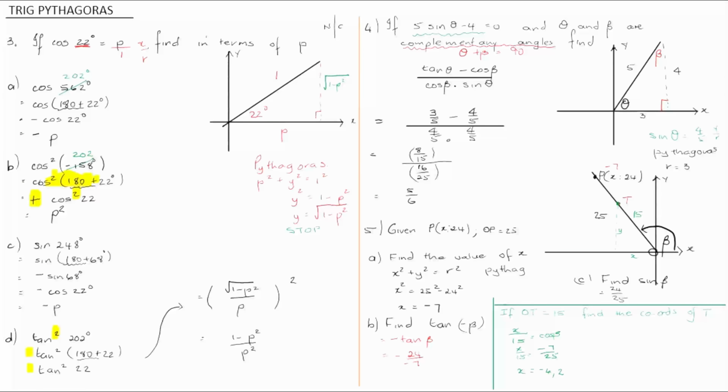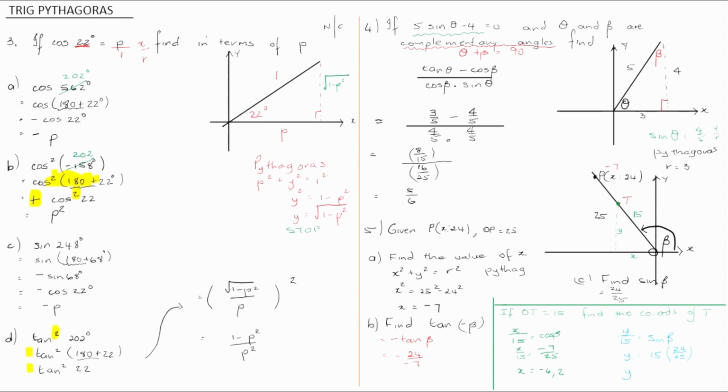To find y, we're going to say y on 15 is going to be sine of B. So y is going to be 15 times sine of B, which we worked out here was 24 on 25.